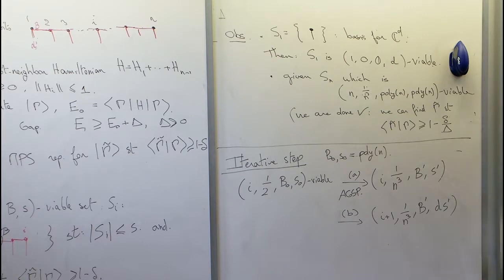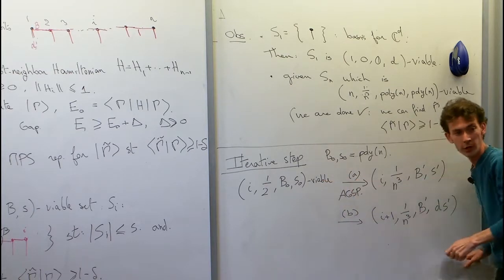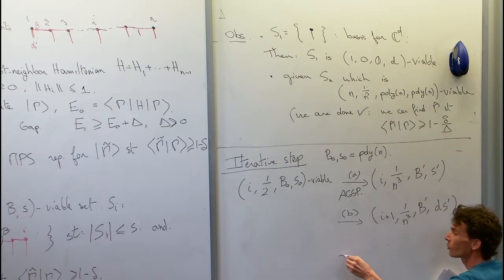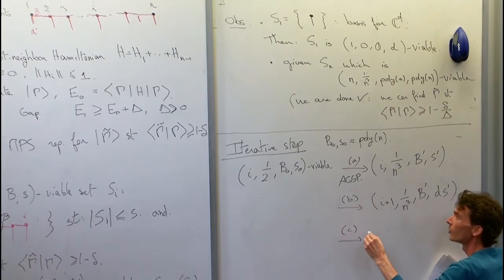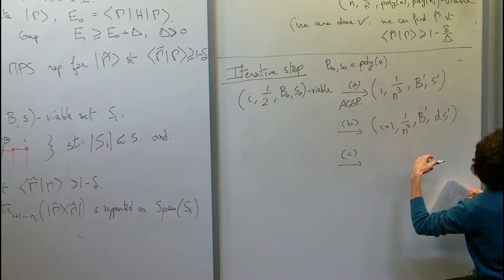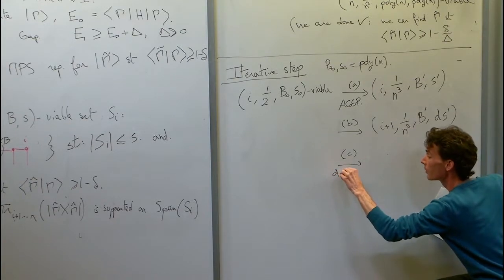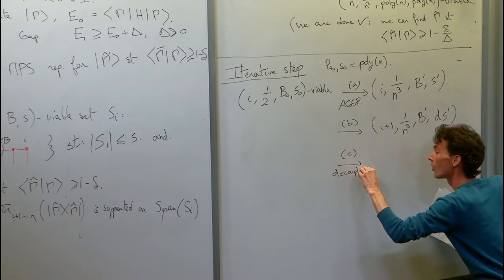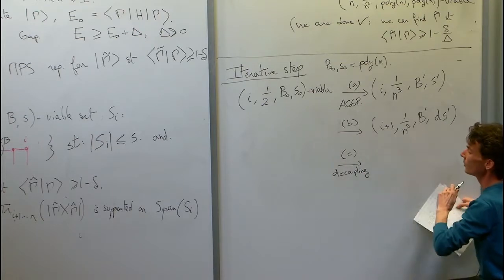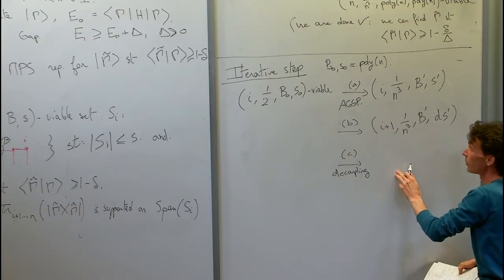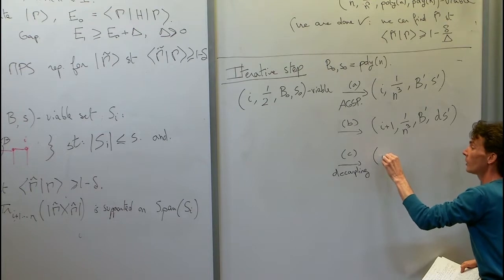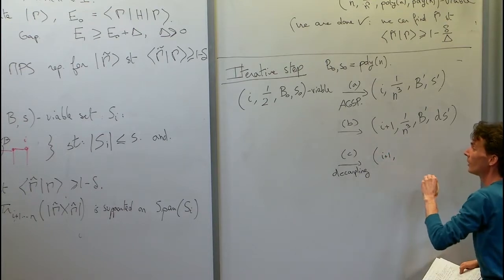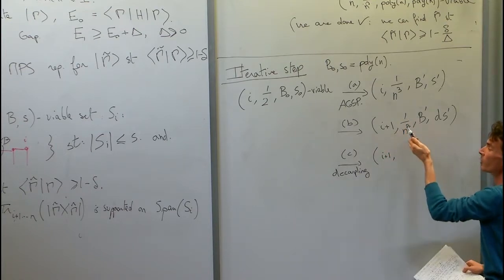So the next 2 steps are trying to get us back to things under control. The first one is another interesting step. It's the fire step, or the decoupling step. This is going to use the 1D structure and the gap and the area law to drastically reduce the size of this set at the cost of messing up, unfortunately, the nice approximation we had.